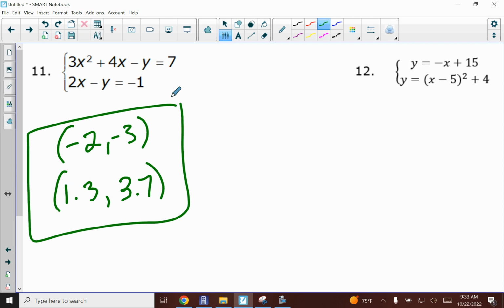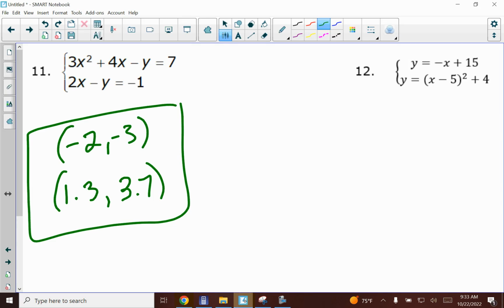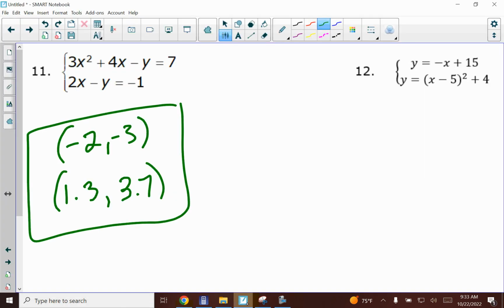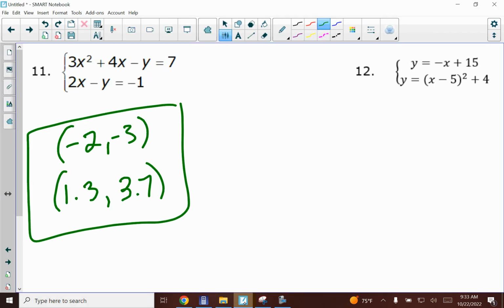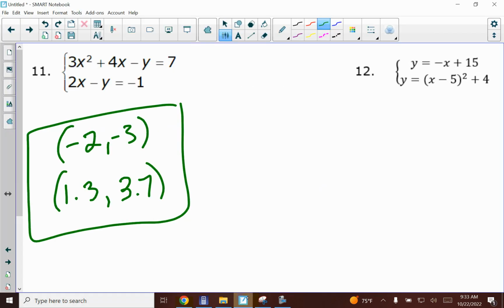And then the last one, I'm going to go ahead and just type it into Desmos so I can hurry up with this video. Let's see what we had. I forgot. y equals negative x plus 15. And then the next one was y equals (x minus 5) quantity squared plus 4.